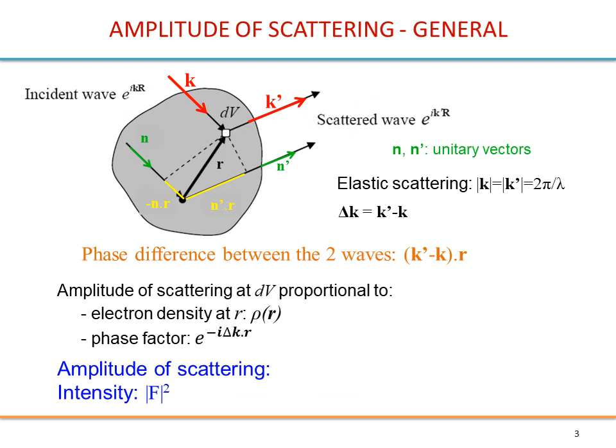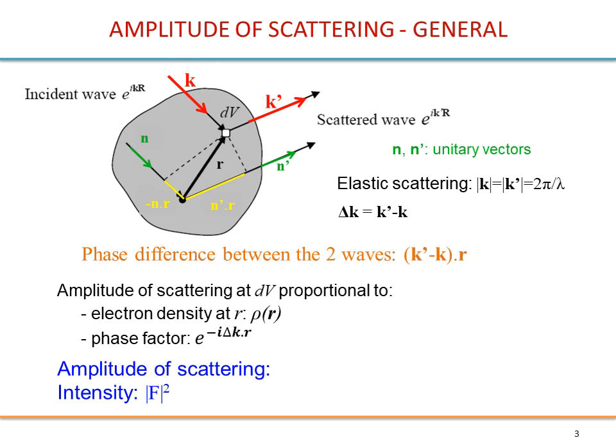So we have already covered this, but let's go through it again. We have here an incident wave represented by wave vector k. We have a diffracted wave represented by wave vector k prime.